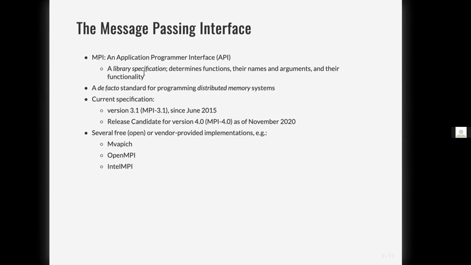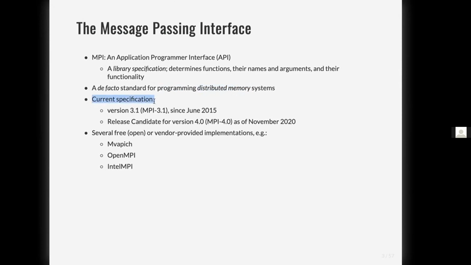MPI is a library, so there are functions that you call to do the communication, and it is a de facto standard for programming distributed memory systems. I'll say a bit more about what this means in the next slides.